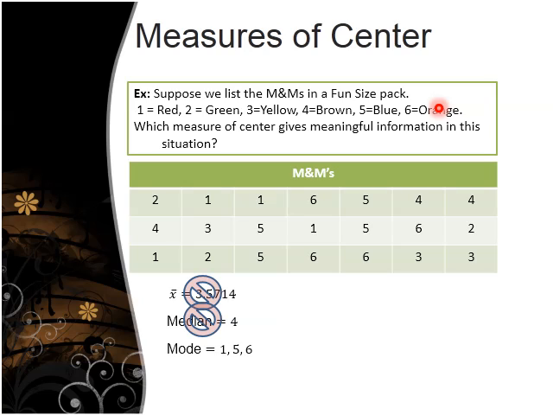How about the mode? We have 1, 5, and 6 as the mode. But of course, this does tell us something interesting. That is, 1, 5, and 6 came up the most. So we can tell that if we get out of this pack of M&Ms, red, blue, and orange came out the most.